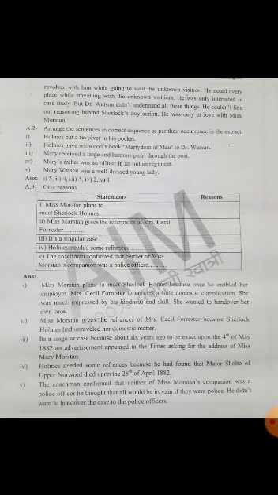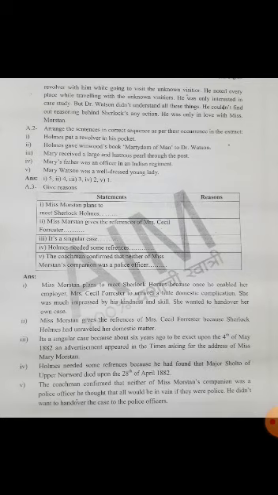Third, it is a singular case because about 6 years ago, to be exact, upon the 4th of May 1882, an advertisement appeared in the Times asking for the address of Miss Mary Marston. Fourth, Holmes needed some references because he had found that Major Sholto of Upper Norwood died upon the 28th of April 1882.